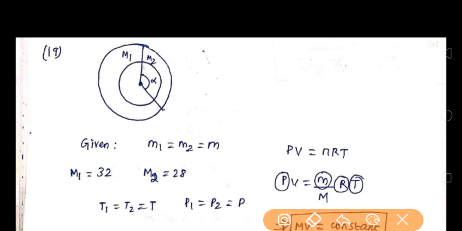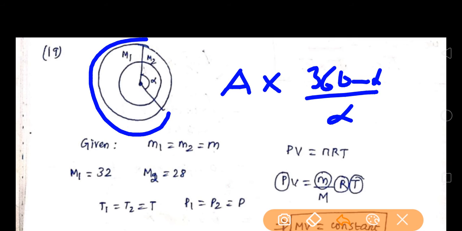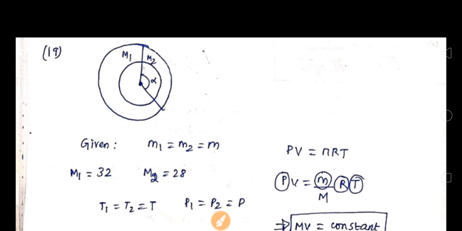Okay, cross-sectional area is A, and how to find the length of this arc, this part? What is the angle? 360 minus alpha by 360 into 2 pi r. This is the length. This way you have to find the length. Actually, how to find the length?